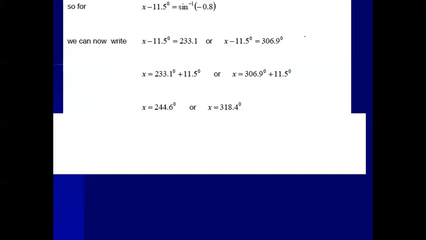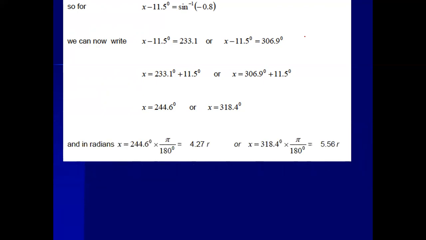Because if I times by 180, I'm going to have degree squared. So we don't want degree squared. We want radians. Okay. So 244.6 divided by 180 times pi, which is 4.27. And then the other one, 318.4 times pi divided by 180 is 5.56.